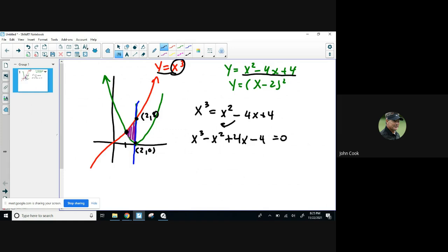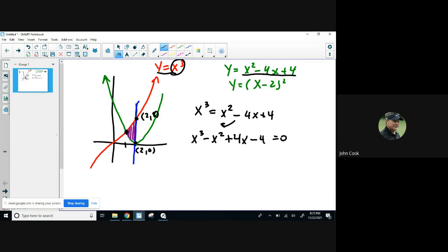It looks like 1 is probably one of the coordinates. You can always use your calculator to verify it. But there's this trick to see if 1 is a factor of a polynomial, and that's just adding up the coefficients. If they add up to 0, then 1 is a zero of the polynomial.